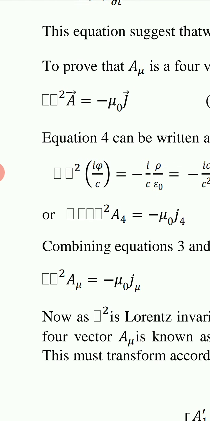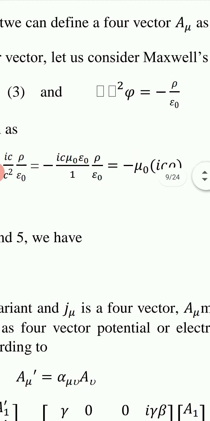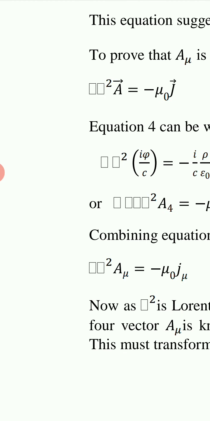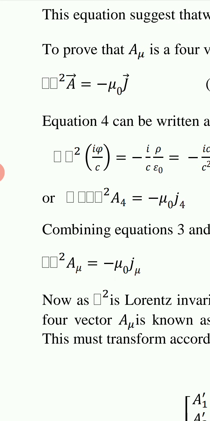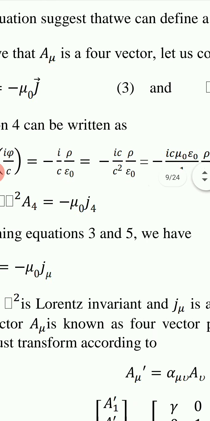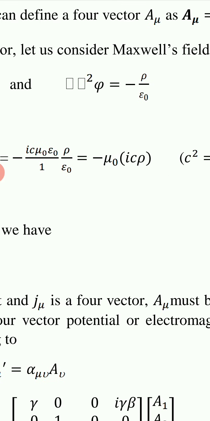First is for vector potential A, and second is for scalar potential phi. Del square here is D'Alembertian. First equation is del square A equal to minus mu 0 J, and second equation is del square phi equal to minus rho upon epsilon 0.